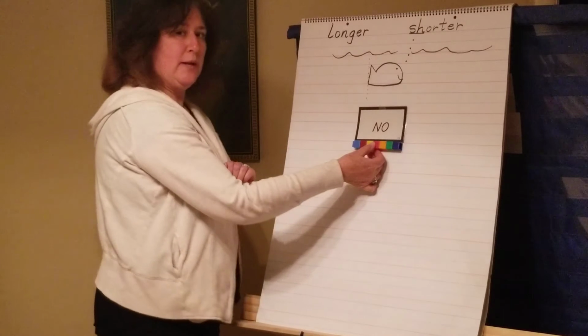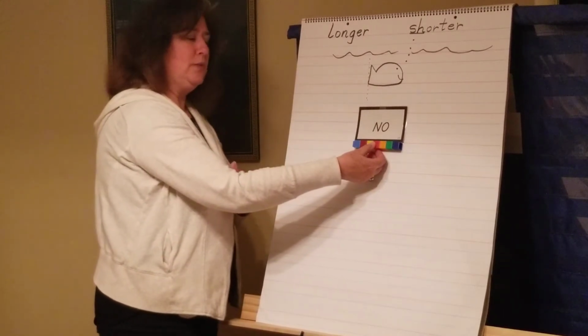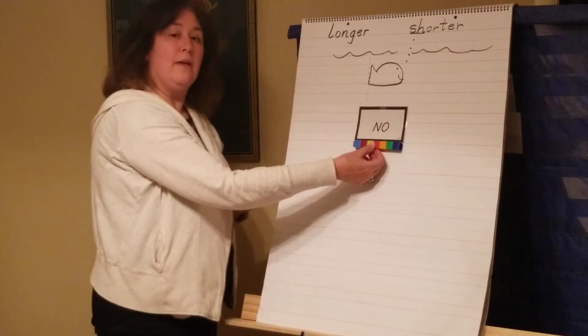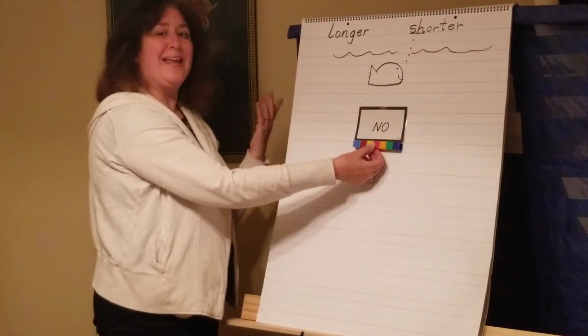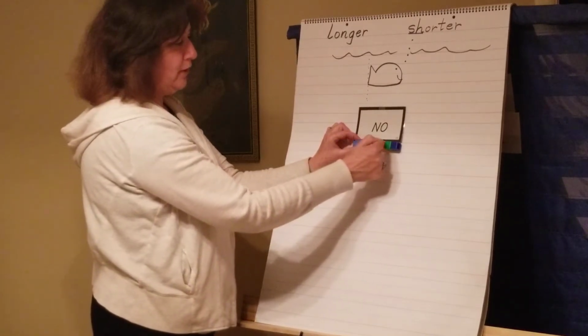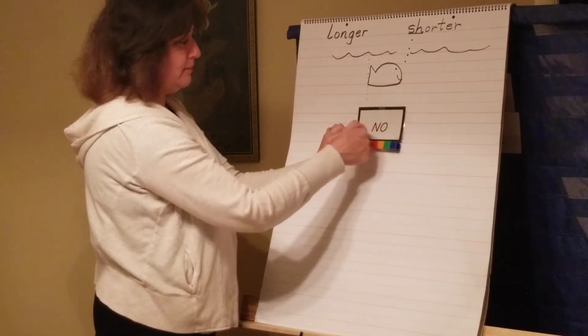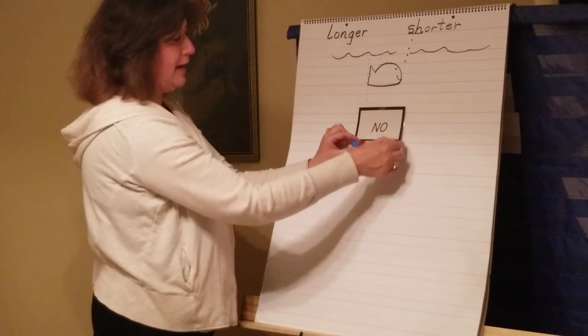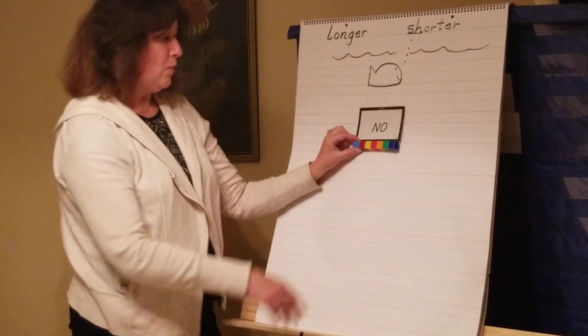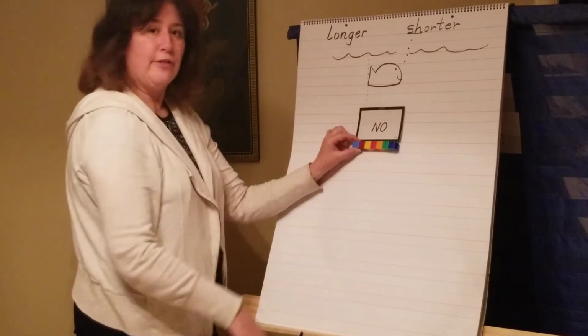No. So what is it? What is that math word that we use to describe the comparison of length? They're the same, aren't they? They are equal. They're equal. So their length, the measurement from left to right, is equal. It's the same. One does not have more length than the other.